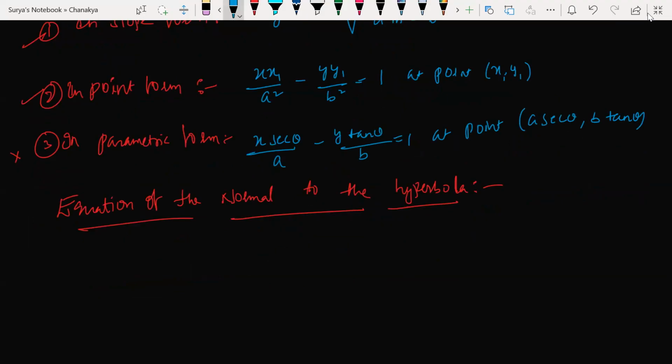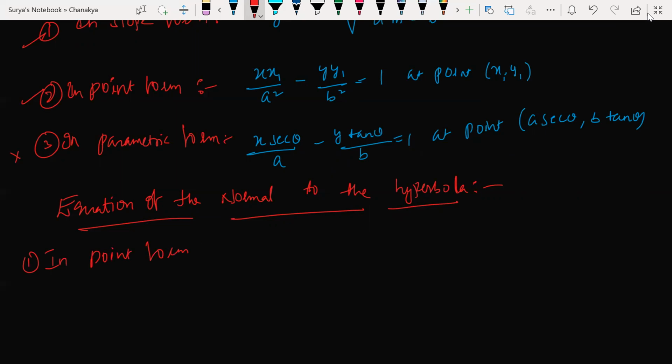So here, equation of the normal to the hyperbola. Equation of the normal in point form. Point form is enough. If you need anything else, I'll tell you, no problem.